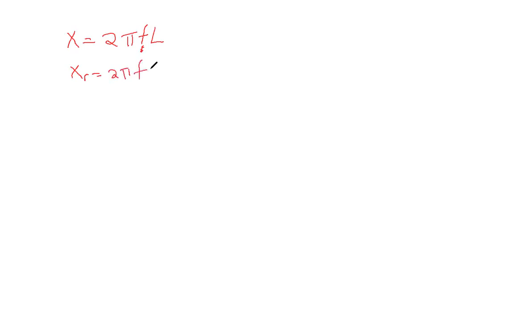So now if I put FR here, then here I'll put LR. And already I know that FR is equal to S times F. Therefore, XR is equal to 2 pi S times F times LR. So if you factor out, you're going to have S there, 2 pi F times LR.